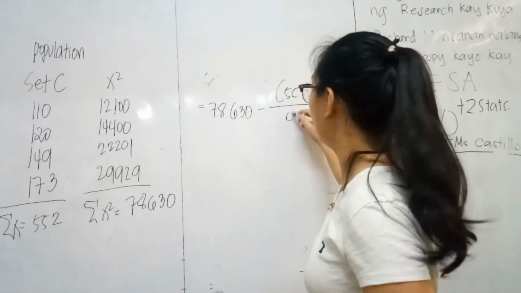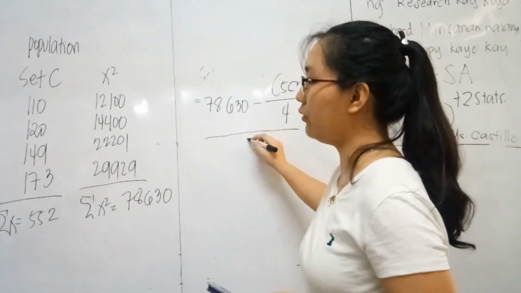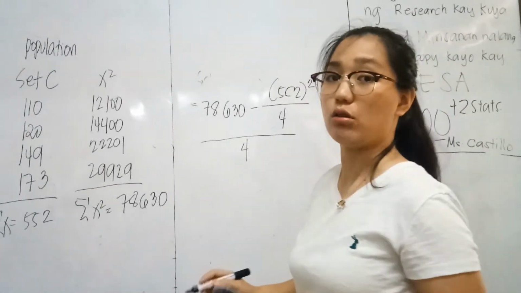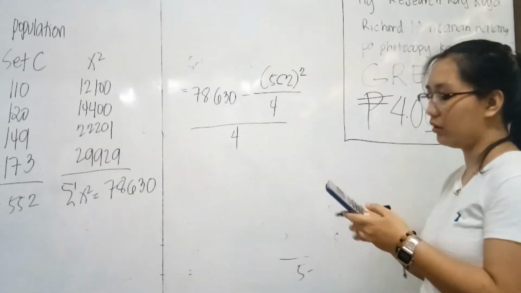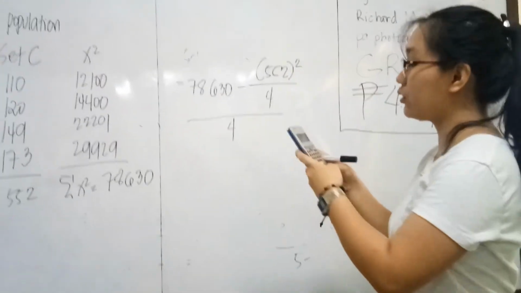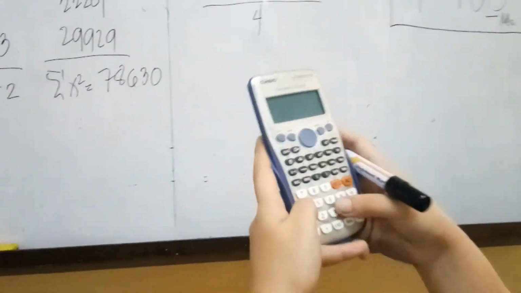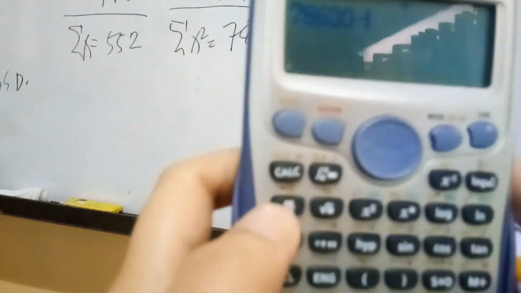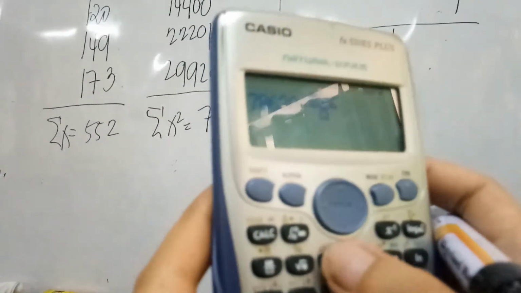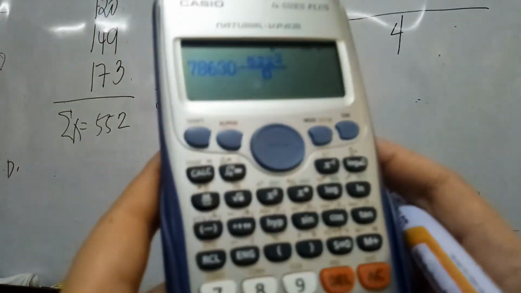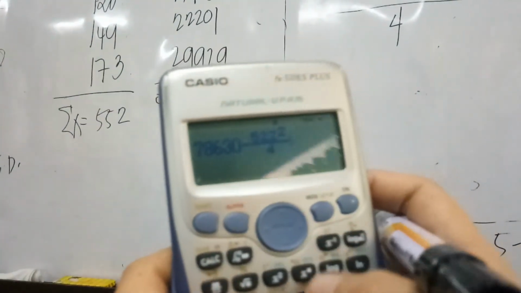Apat. Tapos, this one will be 4. Wala na siyang minus 1. Unlike your sample variance. So, pwede na natin siyang i-diretso actually sa calculator. We have 78,630. Subtract it to what? 552. 552 square.